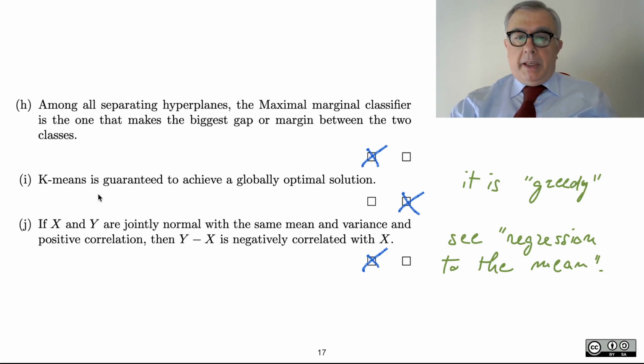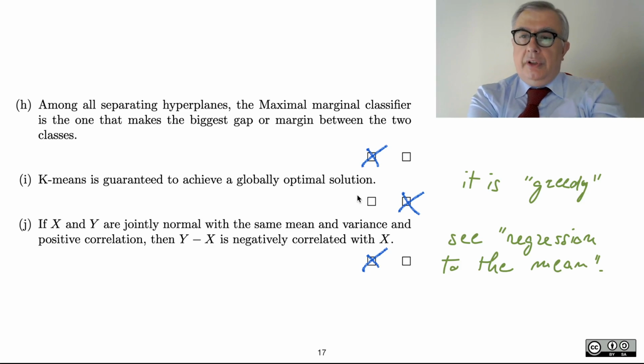K-means is guaranteed to achieve a globally optimal solution. So I will not go into the definition of the cost function that we gave during the lecture, but you should remember that for that cost function, the approach of k-means is a greedy one.